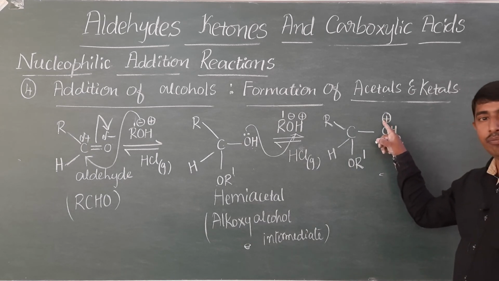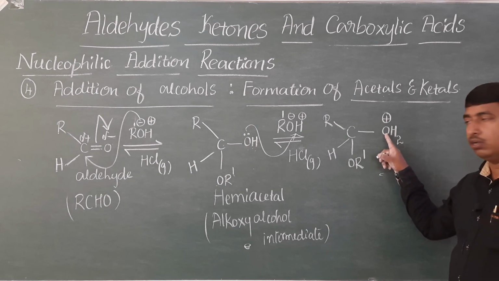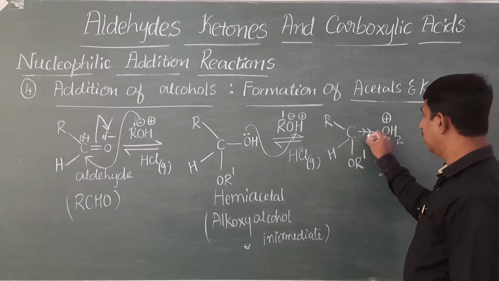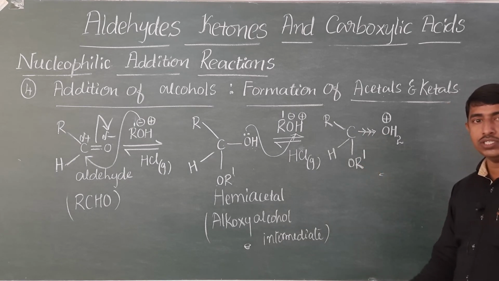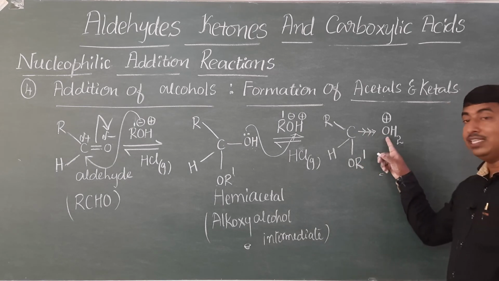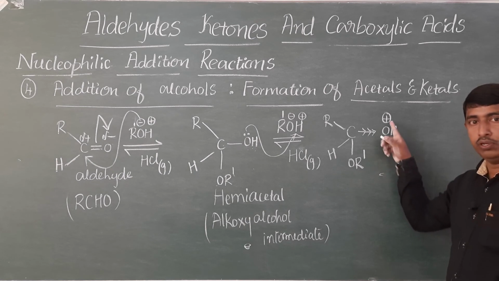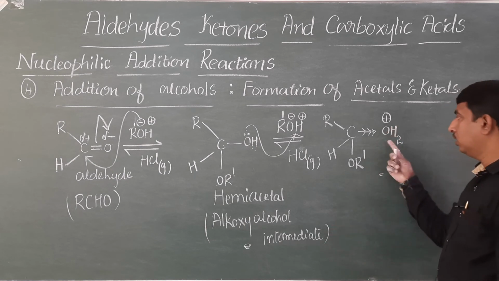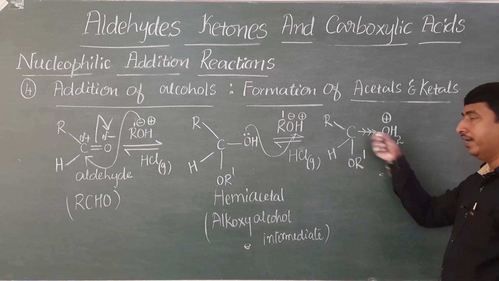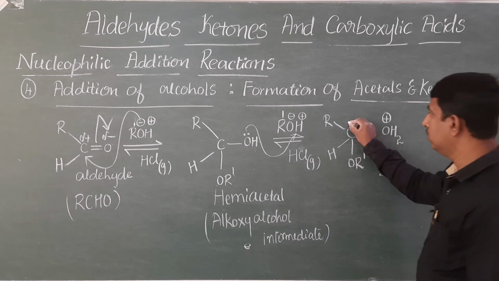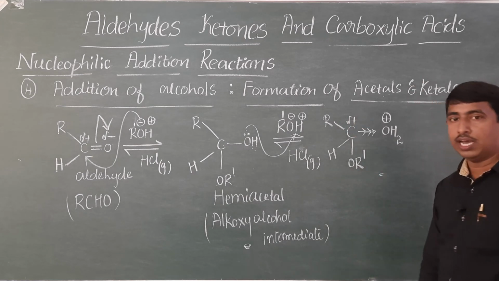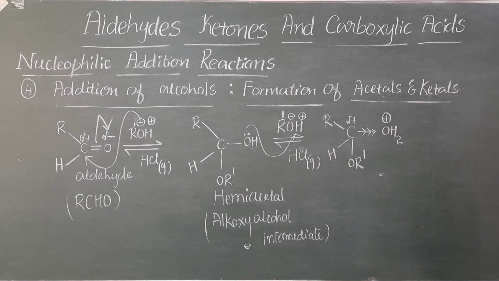Because of the development of positive charge upon oxygen, electrons start shifting towards oxygen. Oxygen is more electronegative and is in need of electrons. Positive charge means it is electron deficient, so it readily attracts electrons from the carbon atom. As a result, positive charge will be created upon carbon.